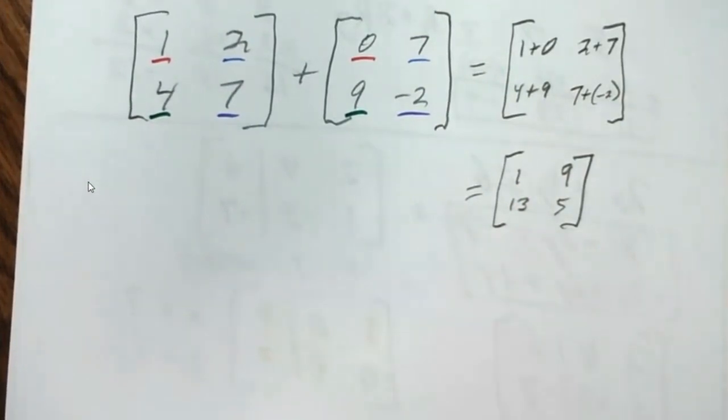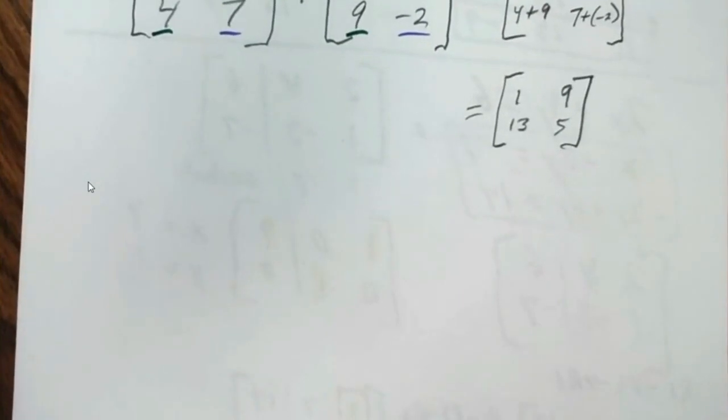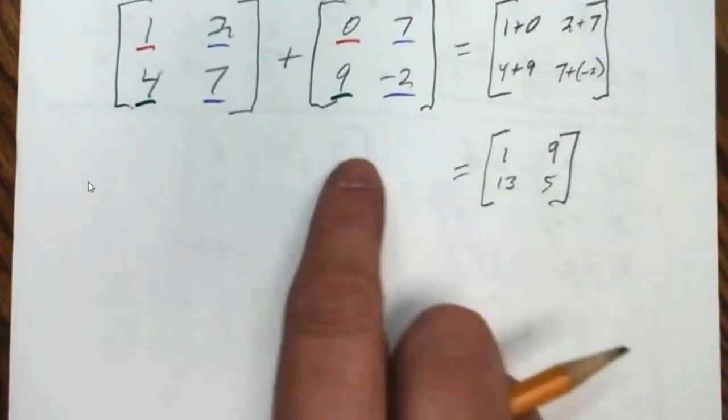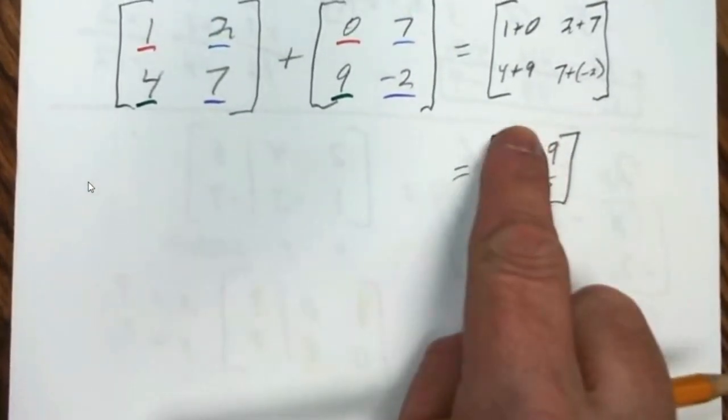Add these two together. So there's going to be a problem on the quiz this week, so I'm giving you a preview. Does this make sense? You understand this?